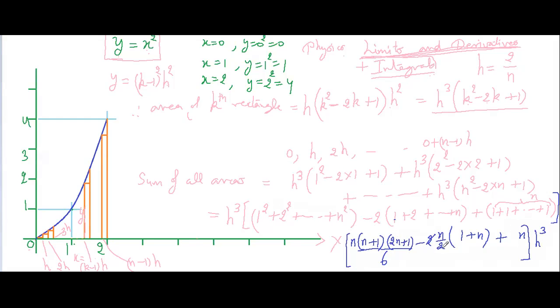There 2 cancels, and I do the remaining calculation on the next page. You have noted up to this point.